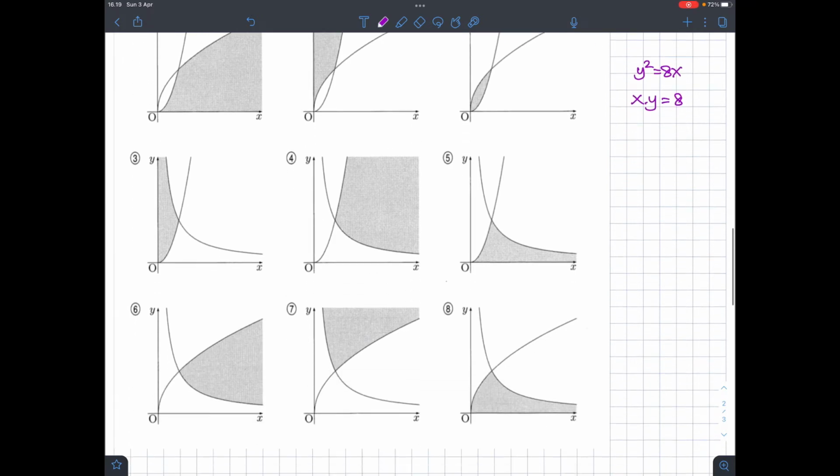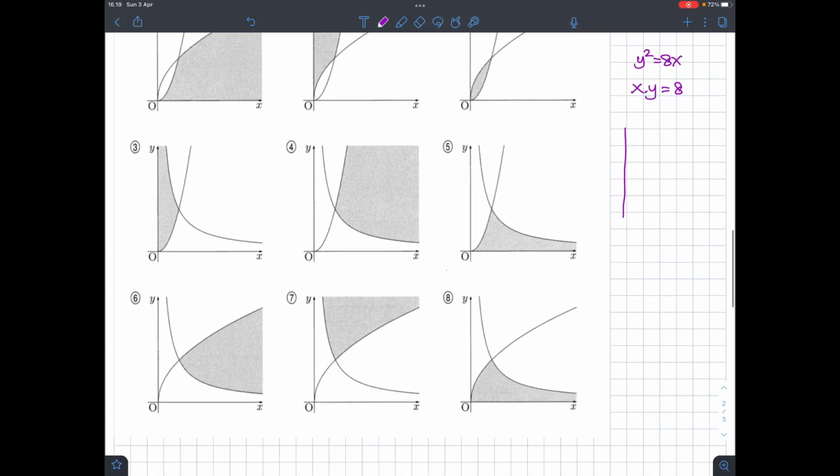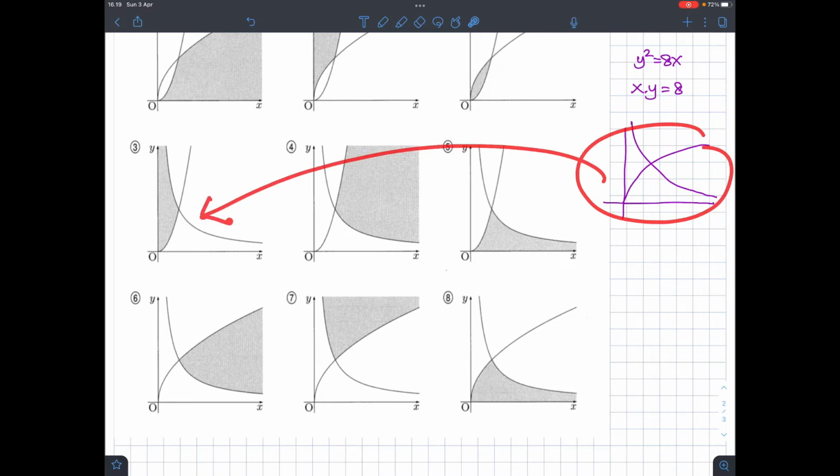This is the equation, so the graph should be like this for this one, and like this for the other. Okay, let's check. This is different, so it cannot be, this is wrong.